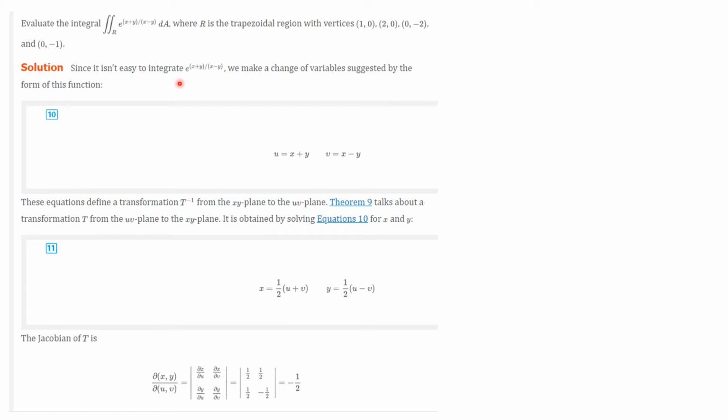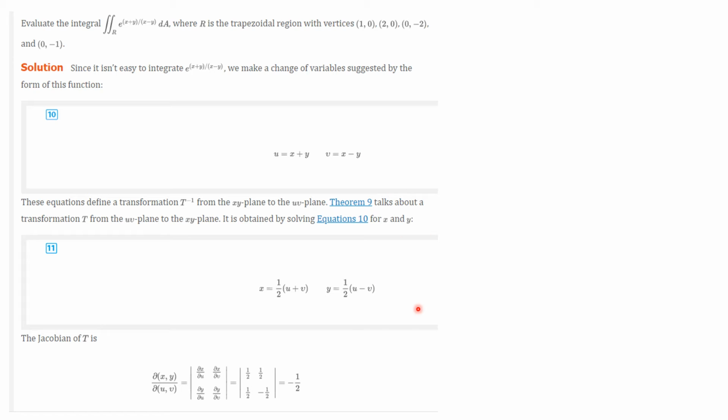Since it isn't easy to integrate this, we make a change of variable, and a logical change of variable is to call u equal to x + y and v equal to x − y. Now, these equations define not only a transformation, but an inverse transformation. So we could solve these equations simultaneously for x and y, and we get x equals 1/2 (u + v), and y equals 1/2 (u − v).